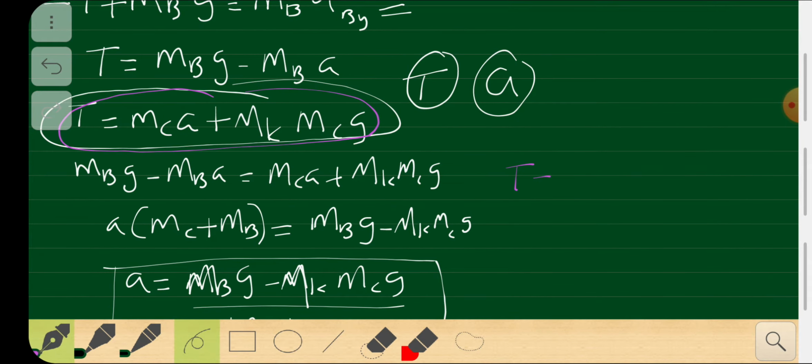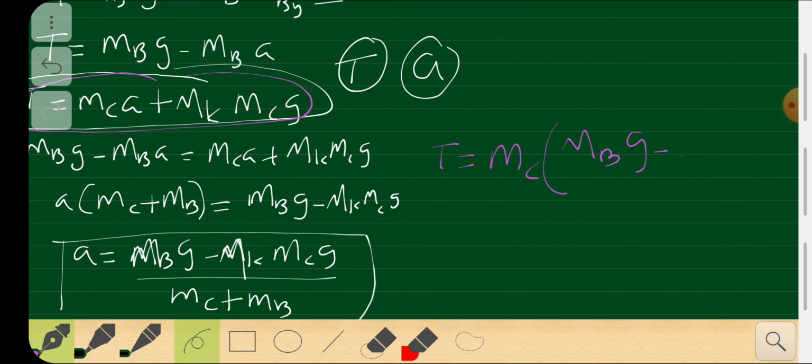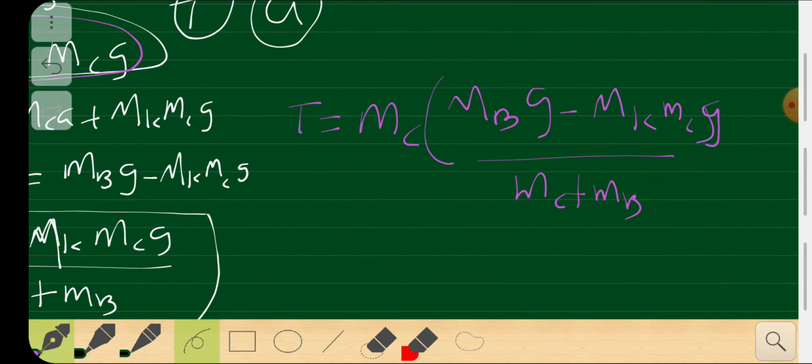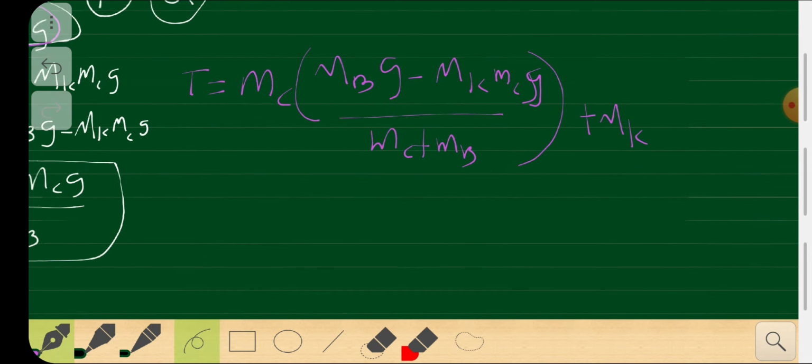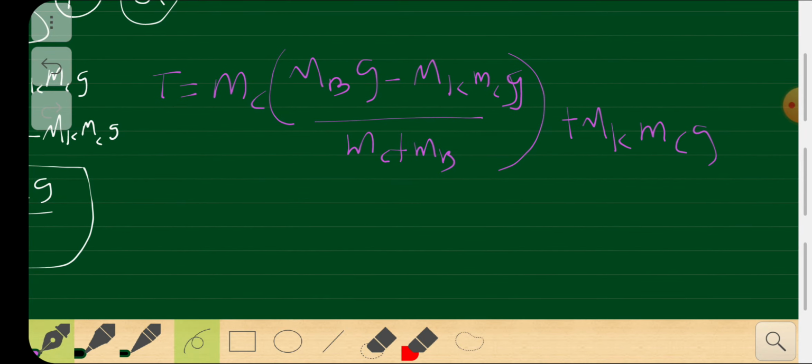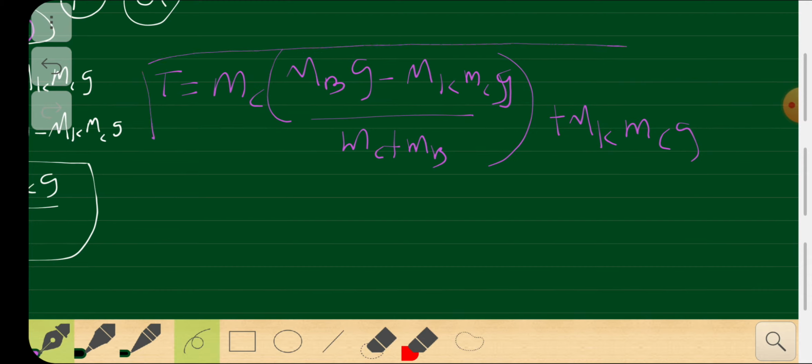You get T must be equal to mc times a, which is, you can do that yourself, but anyways I'll do this: mc times (mbg minus mu k mcg) divided by (mc plus mb), plus mu k mcg. So that's the tension acting on that string for that mass.